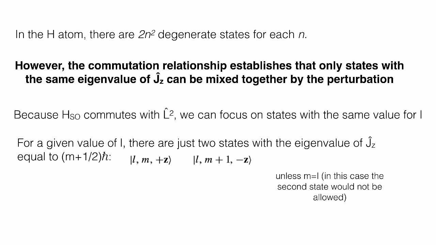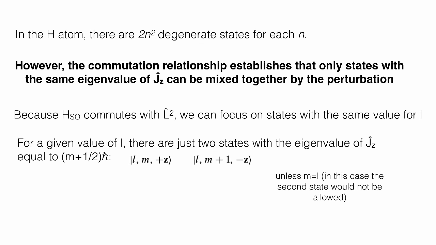That's very good, because that means that for any value of L, the only possible states that we have are m plus z and m plus 1 minus z, for which the matrix element of Jz will be different from 0. Otherwise we would automatically find that the states are orthogonal to each other.